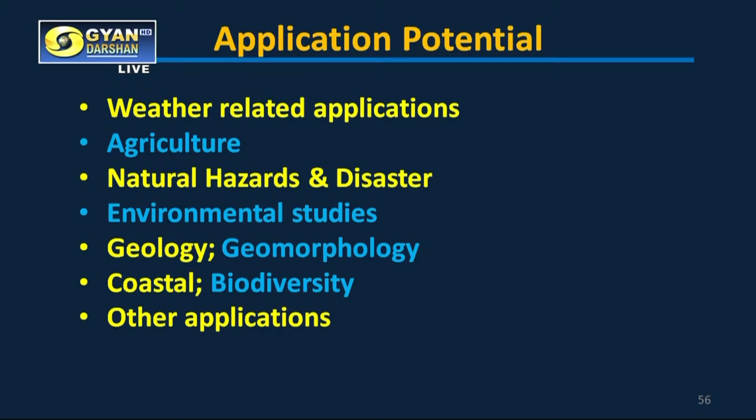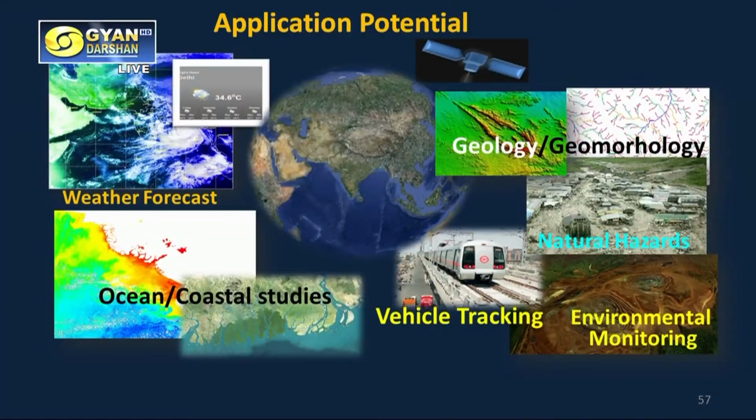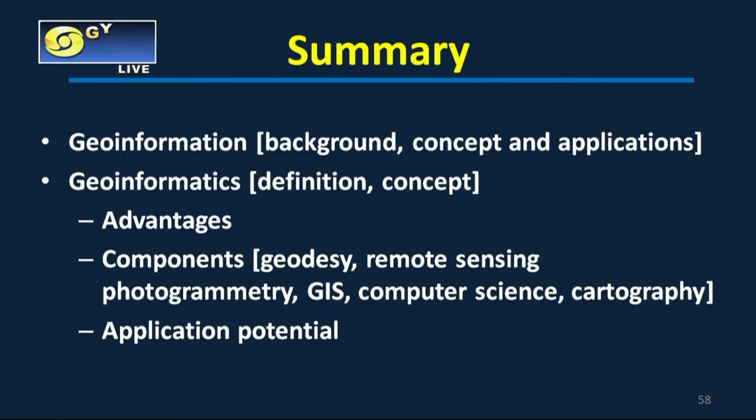And there are various applications in geology, geomorphology, and also other applications related to social sciences. So we have discussed many application potentials, as you can see in your slide.